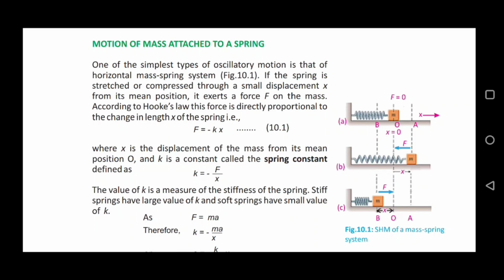We want to know where this negative sign comes from. There is an important question of how the negative sign comes, and we see from figure C that this force is always directed opposite to the displacement x.